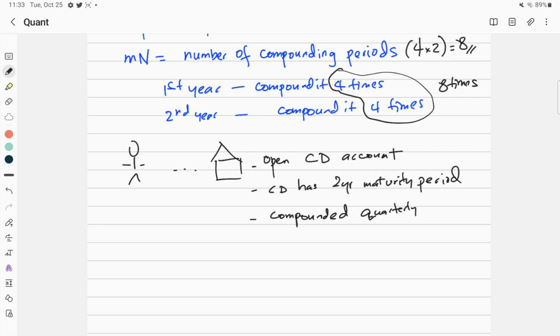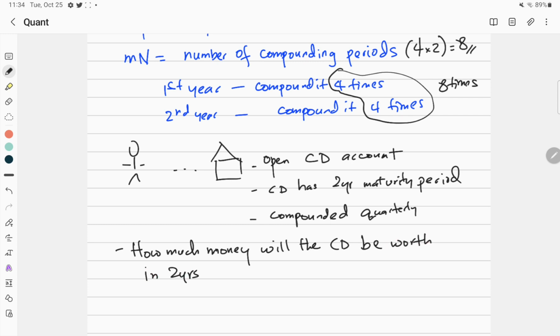So the reinvestment of interest is at the same interest rate. And then the question is, how much money will the CD, or the certificate of deposit, be worth in 2 years?